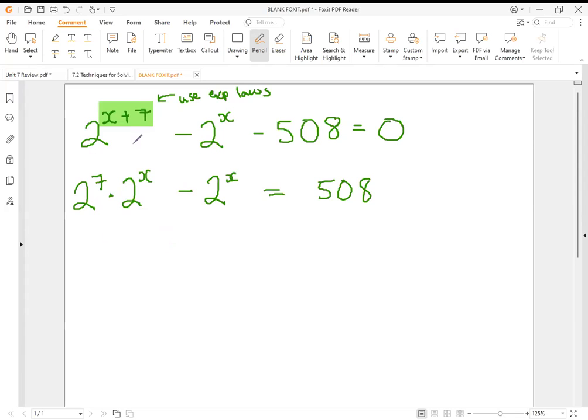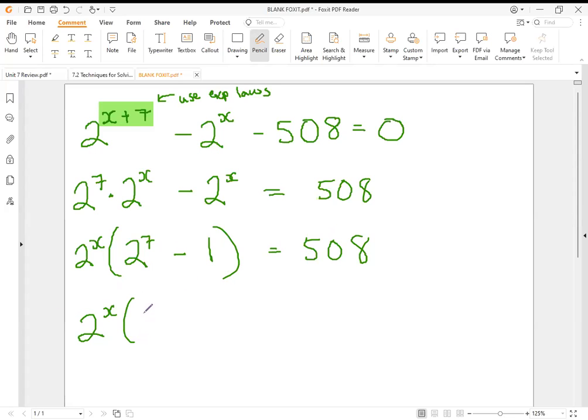Because if you have that, we can factor so that we have only one x value to deal with, as opposed to seeing it in multiple locations. We factored out. The bracket solves as 128 minus 1, so 127.